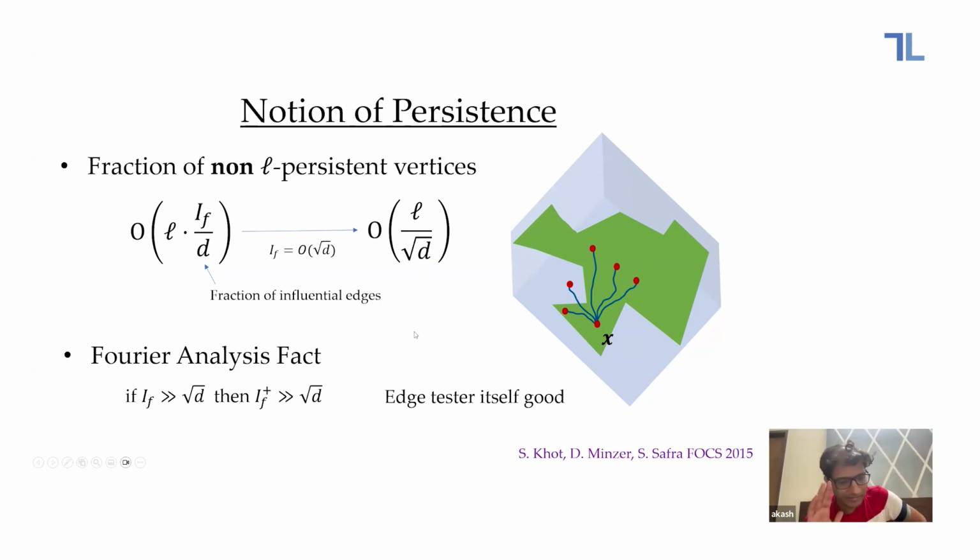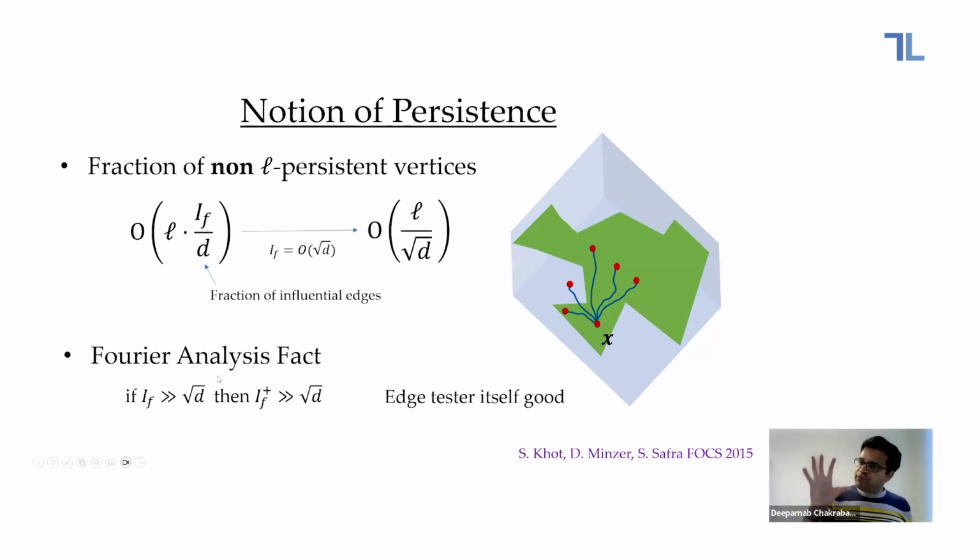Deeparnab, I'm sorry, can you go over this Fourier analysis fact and what you said after that, once more? Yes. If I have a monotone function, then using Fourier analysis, you can prove that the average sensitivity of that function is at most order square root D. That's maximized by the majority, right? Maximized absolutely by the majority. Right.